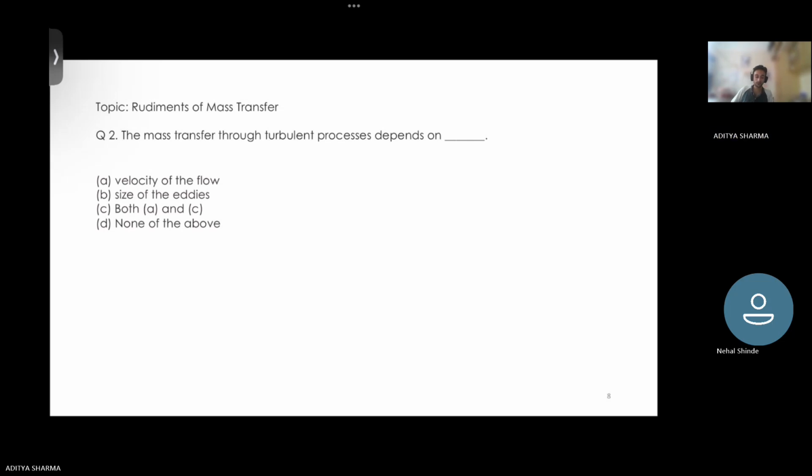And in that case, what governs the mass transfer is obviously your velocity of the flow. But what happens in turbulent flows is that we see eddies.